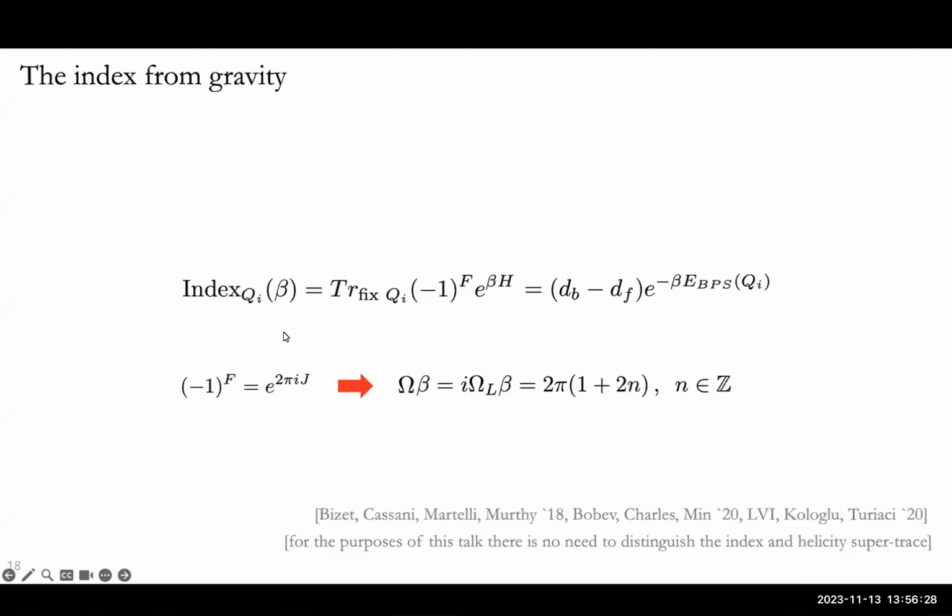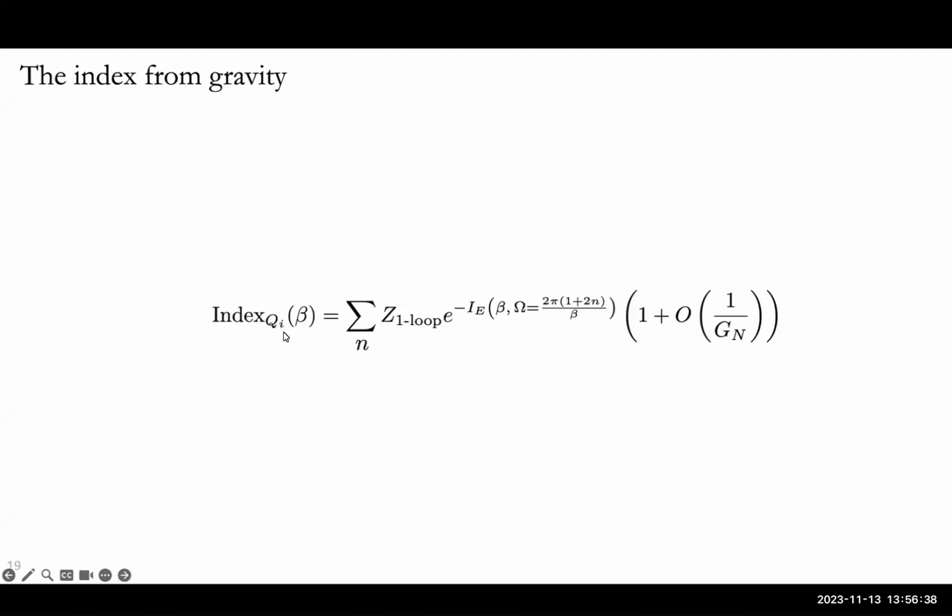Okay. So let's take this prescription of turning on an angular velocity and see what happens for the simplest black hole that we know. We'll compute the Euclidean action at fixed temperature and all these values of omega.